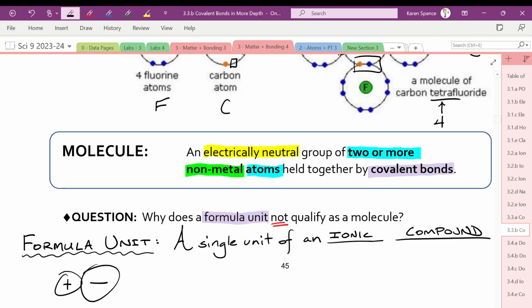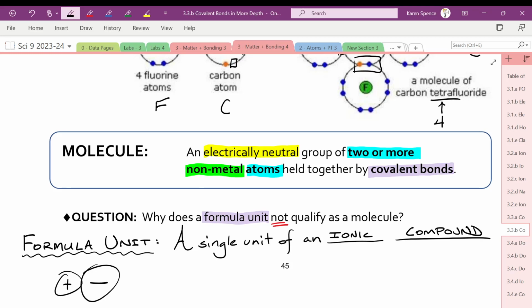Formula unit looks like that. If you're really concerned, yes, the positive ion is usually smaller than the negative ion, but you guys are in grade 9, so I don't care if you get it backwards, okay? If you're interested in that kind of thing, the cations are smaller. If you want to talk to me about why, you can stop by after school or during flex.